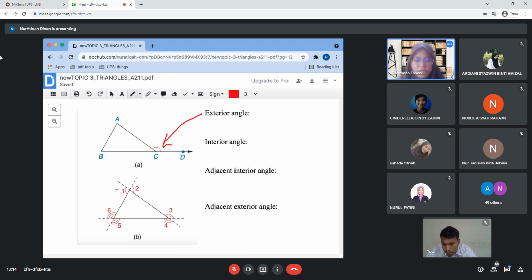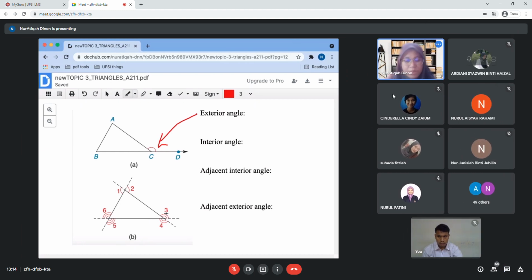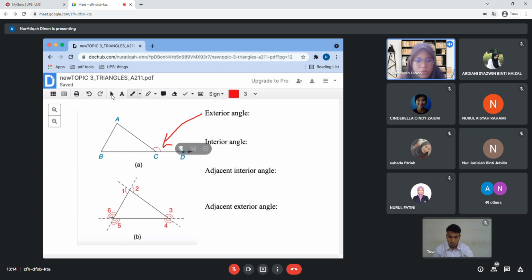But actually, for a triangle, there are 6 exterior angles. The first one is for vertex A. For vertex B, we have these 2 exterior angles, and for vertex C, we have these 2 exterior angles.